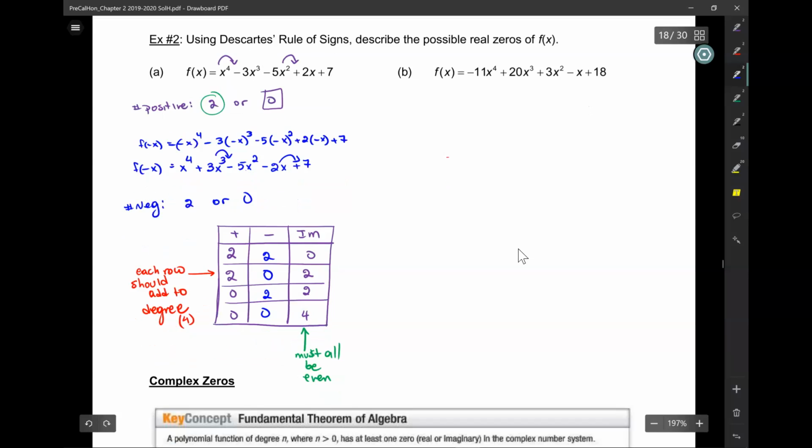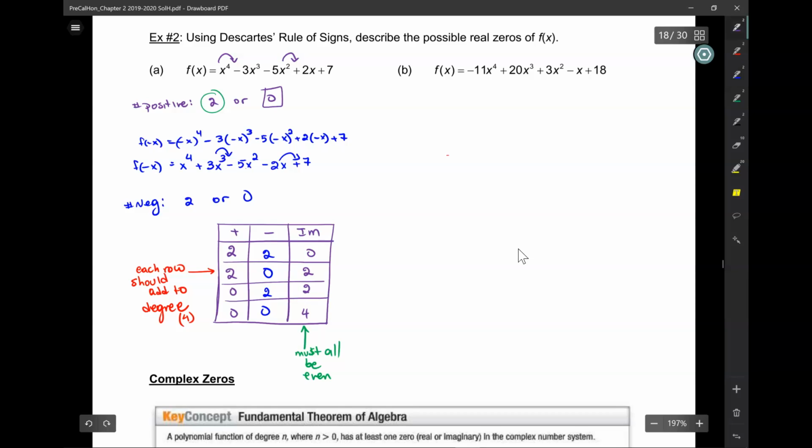Okay, let's do another one. We're going to do this one much quicker. Okay, so number of positive zeros. How many variations in sign? So let's see, 1 here, 1 here, and 1 here. So 3 or 1. Okay, now let's take f of negative x.